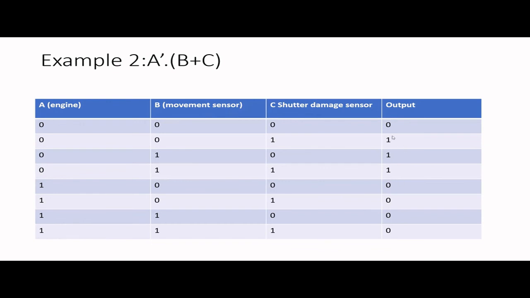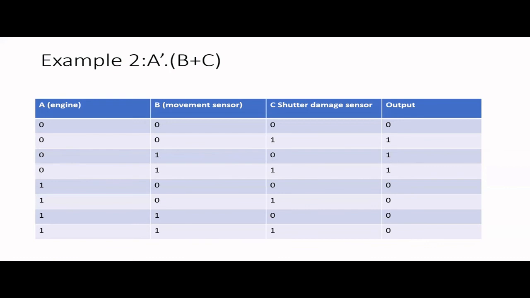So these are the only 3 occasions where the alarm will trigger. So engine should be switched off, and either movement sensor or the shutter damage sensor should detect any of these movements. So that is how you logically think and fill up the truth table.